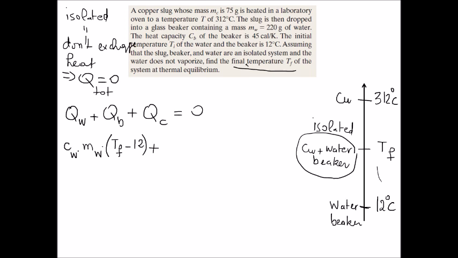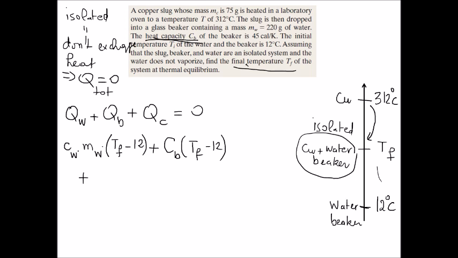Plus beaker, we have a heat capacity of the beaker. So that's CB times delta T, TF minus 12. Plus copper, which will cool down.